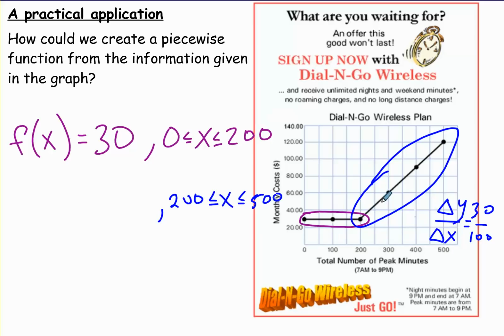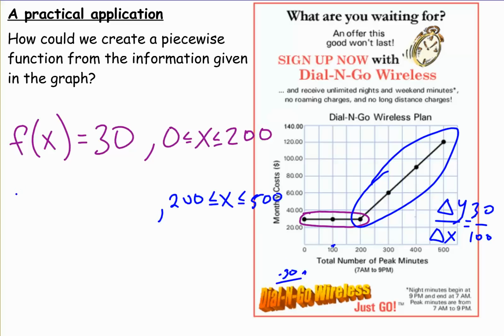So we're going down 30 for every 100 units that we go over. So I could continue this over, and I'd be over here at $0 for 100 minutes if I continued this line, and if we continued this line again, down 30 again, this would be negative 30, right? So my y-intercept is negative 30.